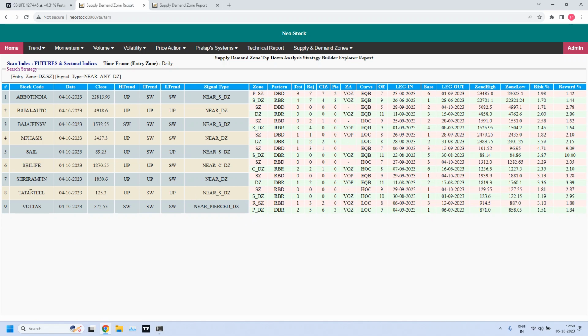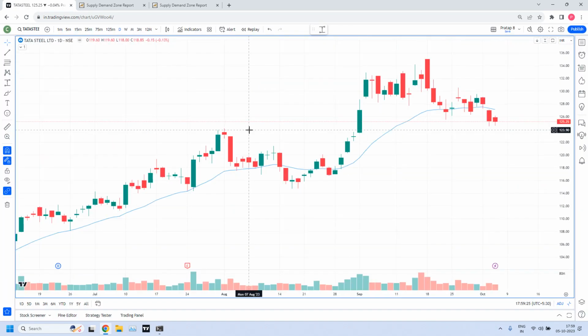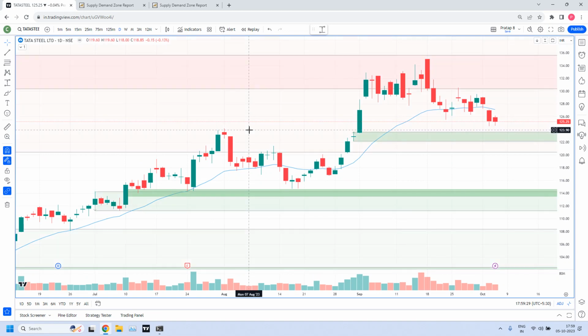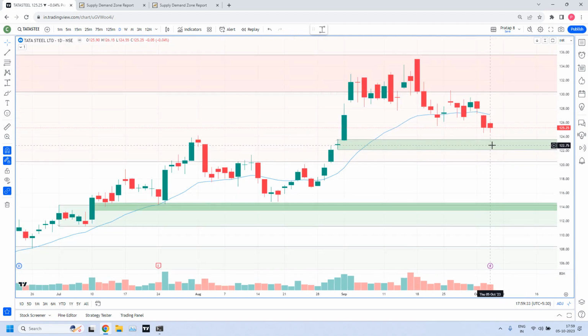The next high liquidity zone is Tata Steel. And here also it is yet to reach the demand zone. But remember, Tata Steel is high in the curve.